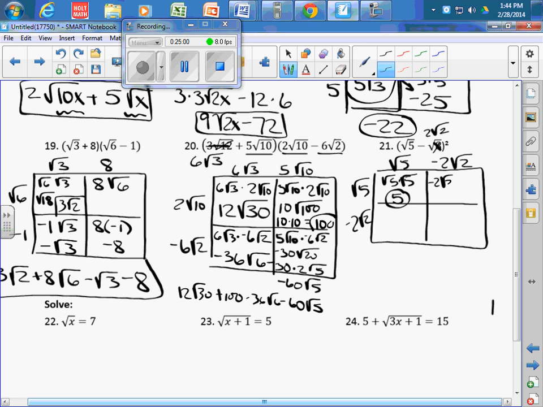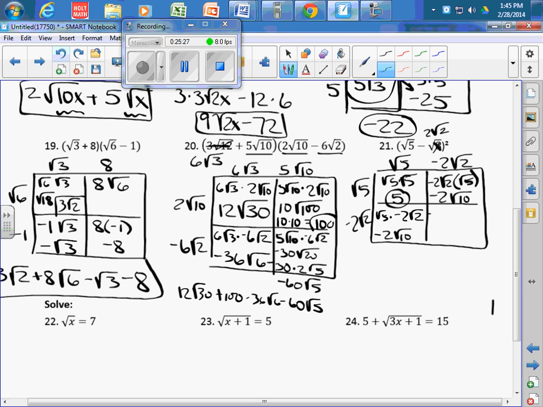Negative 2 radical 2 times radical 5 is negative 2 radical 10. Radical 5 times negative 2 radical 2 is negative 10 radical 10. Sorry, take that back. Negative 2 radical 10, there we go.